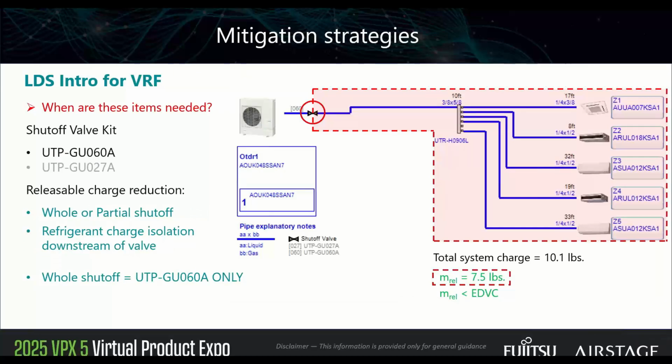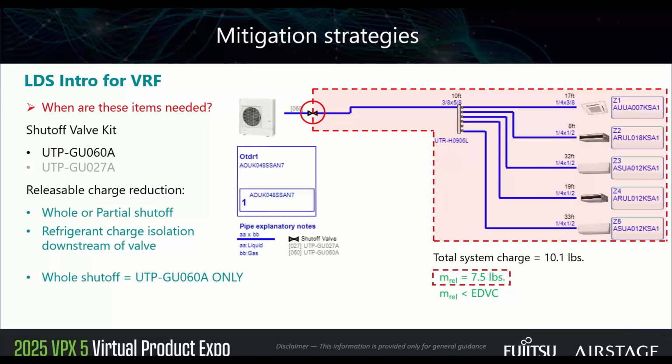Thus, as the name implies, a whole shutoff application will isolate the refrigerant charge for all indoor units and refrigerant piping downstream of the kit. Anytime it's used in a whole shutoff scenario, regardless of outdoor unit capacity. So even though we have a 2-ton, 4-ton, we would still use 0.60 in a whole shutoff. The advantage is, of course, it's simplistic, but the downside, you might say, is it has the least effect on the maximum releasable charge.